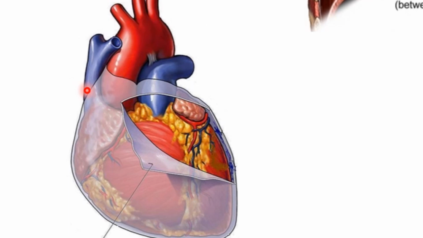And then by the time we come towards this lower part, we'll be seeing a section of the inferior vena cava. And then at the posterior aspect too, we'll be seeing the four pulmonary veins as they pierce the pericardium to enter the heart.